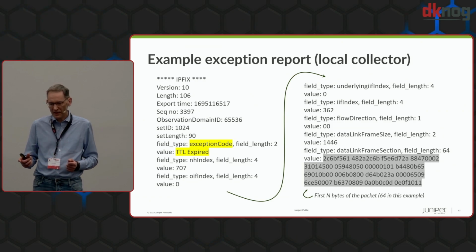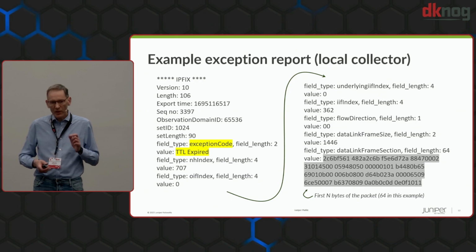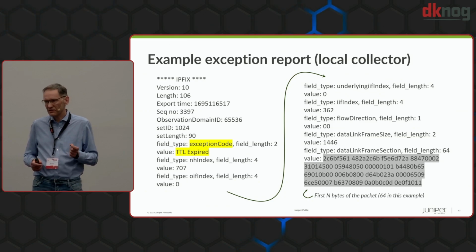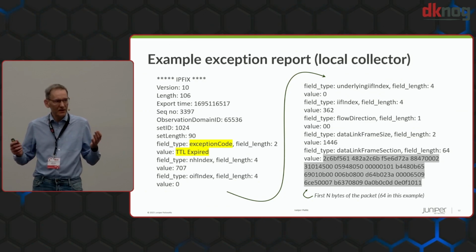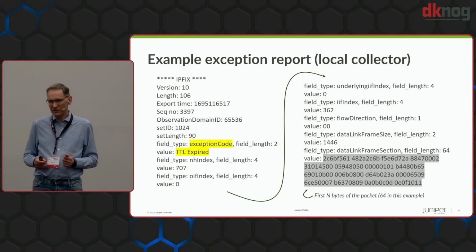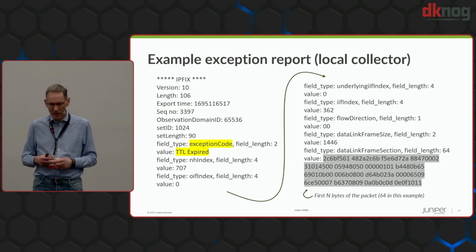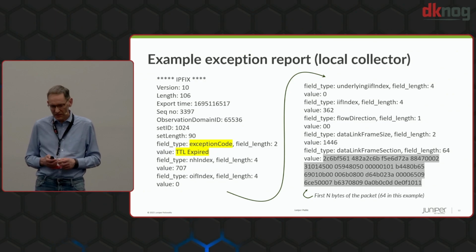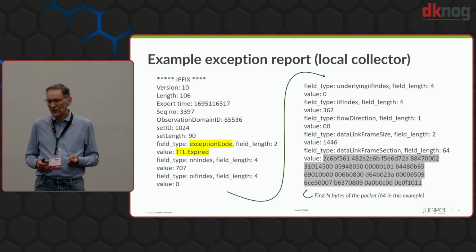But also, very useful if the packet's arriving on a LAG, where we've got multiple member links, which particular member link the packet had arrived on, because that might be pointing to something. Maybe it's something to do with a particular member link that's causing particular packets to be dropped. That's the one on the top of the right-hand column. And then you've got flow direction.